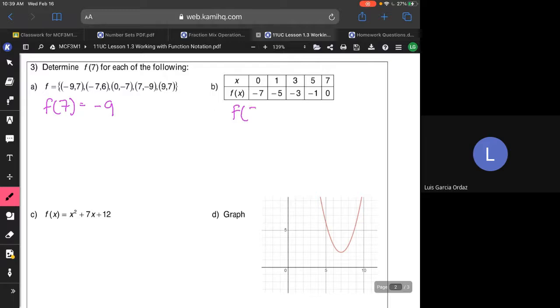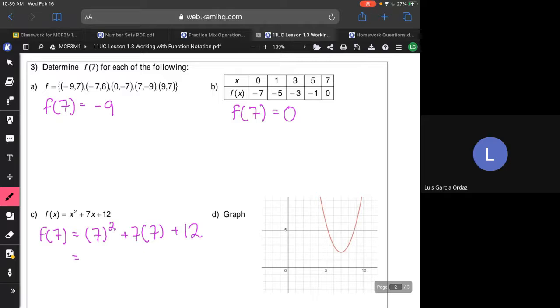So for B, what is f of 7? What is the y value when x is 7 for B? 0. Okay, the next one is a function, so I need to sub it in. So f of 7 is equal to 7 squared plus 7 times 7 plus 12.